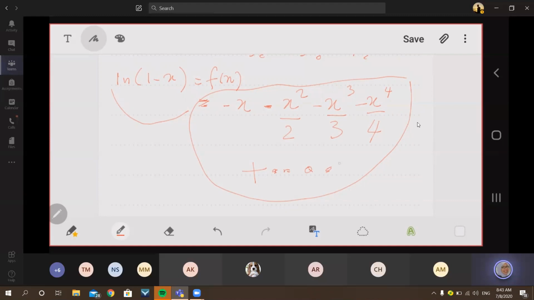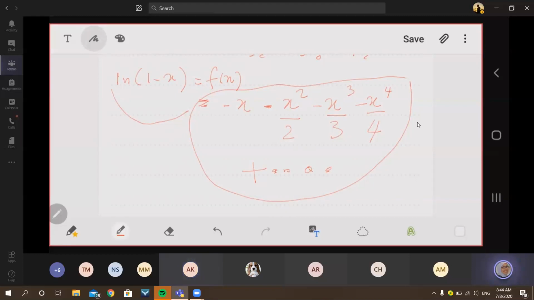So what do you understand? Very trivial. What do you know about x? Fraction. X must be less than 1. The modulus of x must be less than 1.